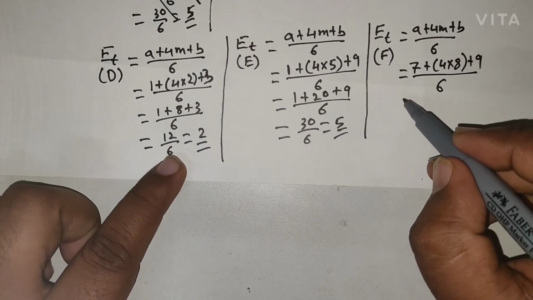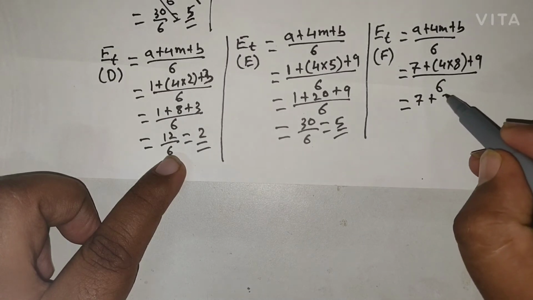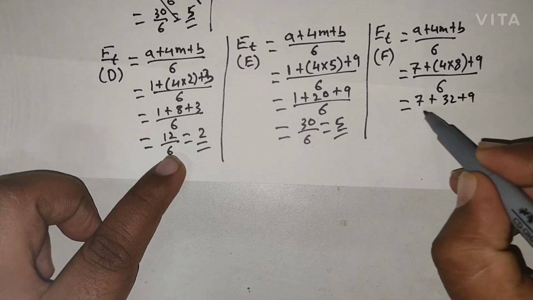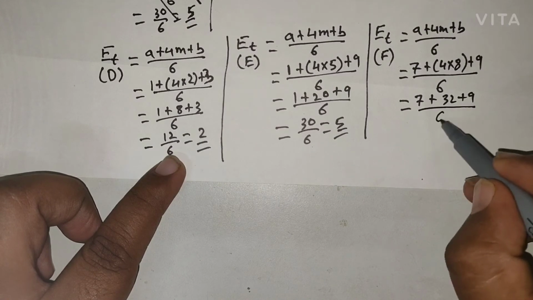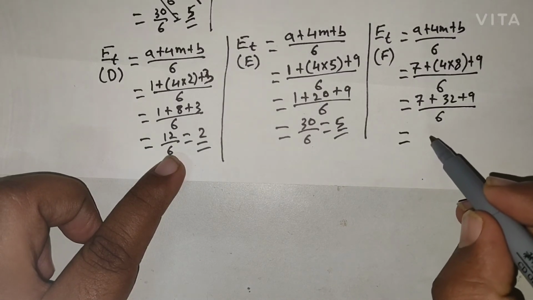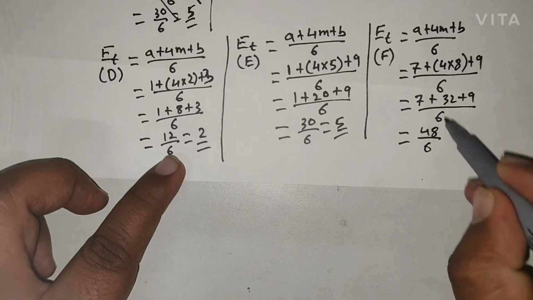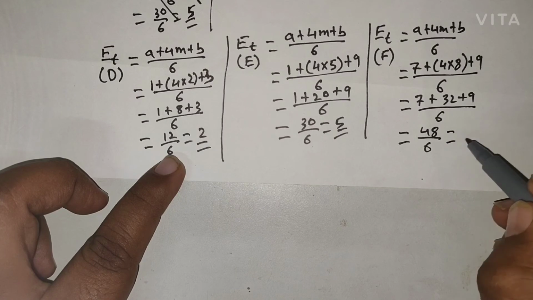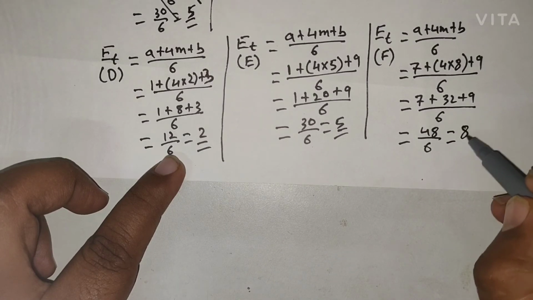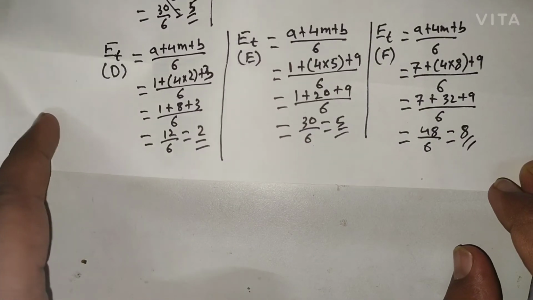So that is equal to 7 plus 32 plus 9 divided by 6, which is 48 divided by 6. So that is equal to 8. So the expected time for activity F is 8.